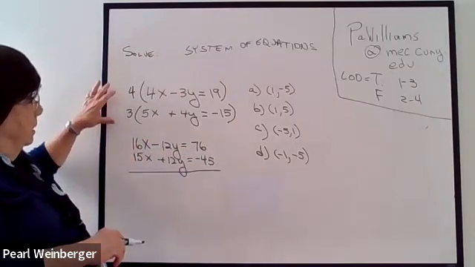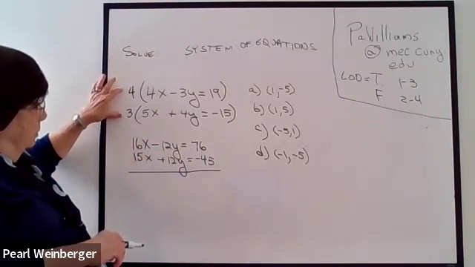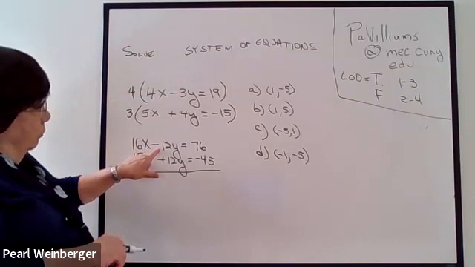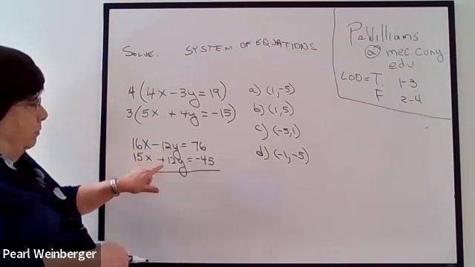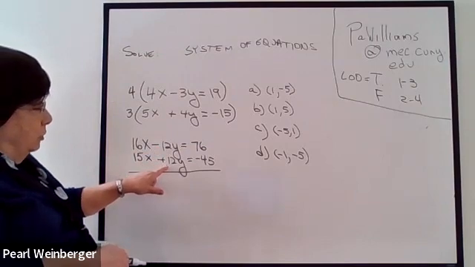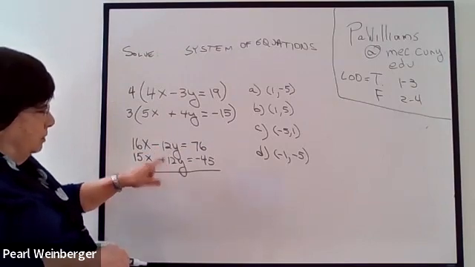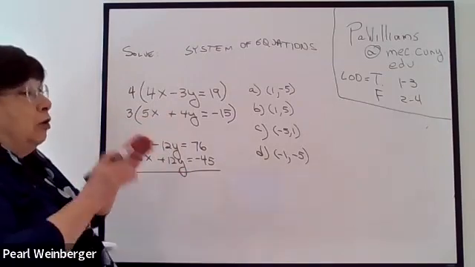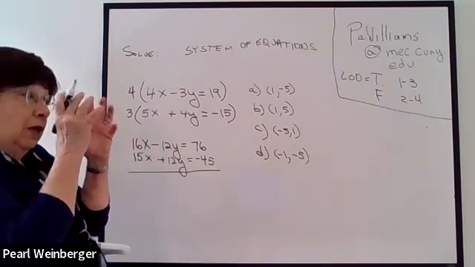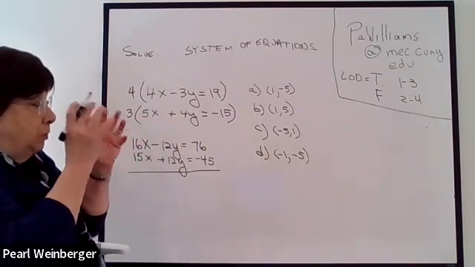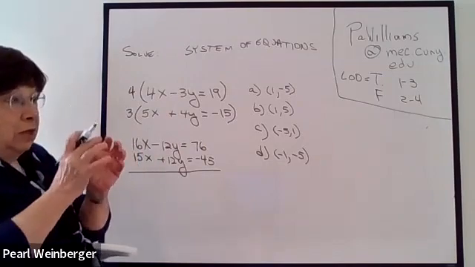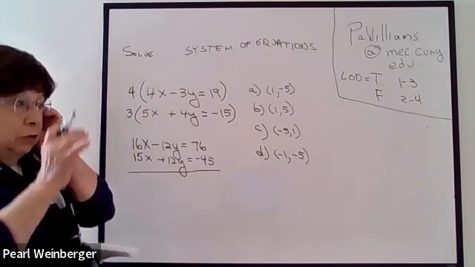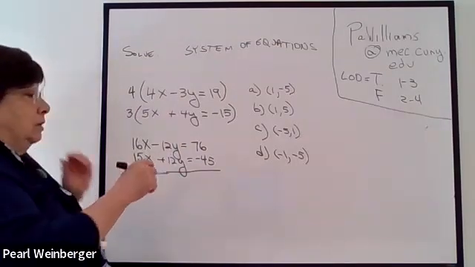And by multiplying by the different numbers, I got the coefficient on the first equation of the y to be -12. And on the second equation, the y's coefficient is +12, which is what I always want to end up with. I want to end up with one of the variables having a positive number and the other a negative number, the same number, so that when we add them, we get 0.